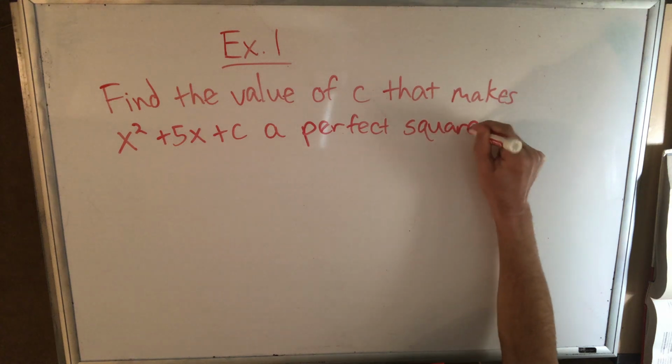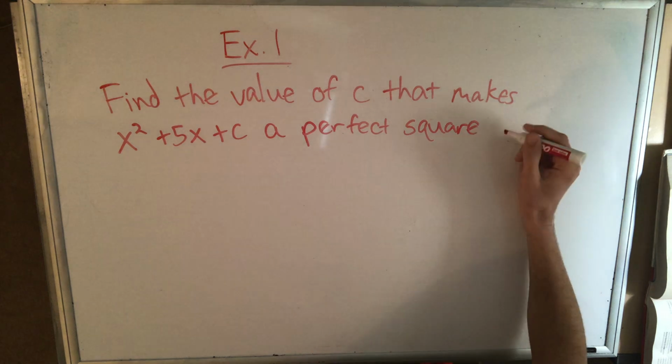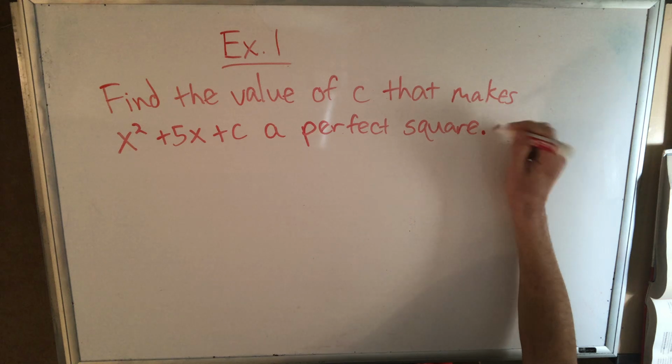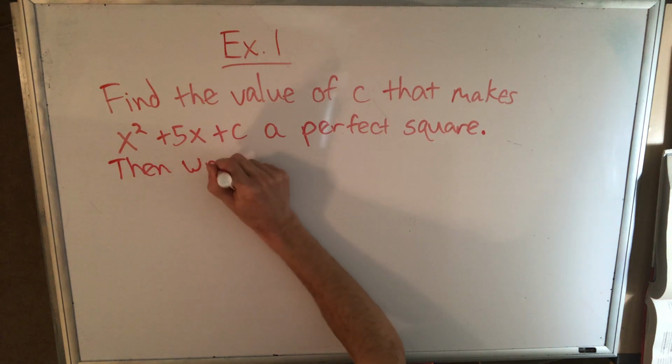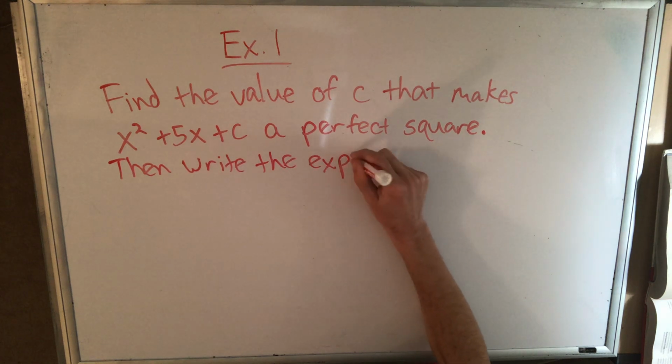So an expression that has a clear square root. Then write the expression as the square of a binomial. Binomial means two terms.